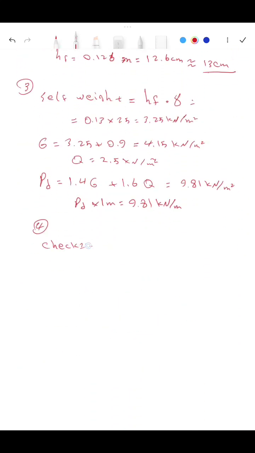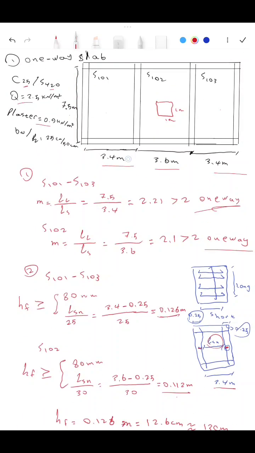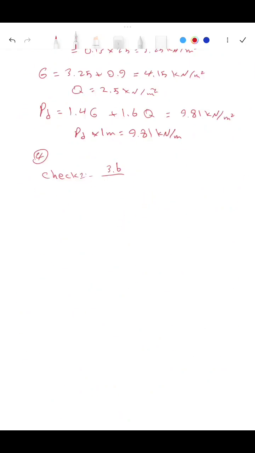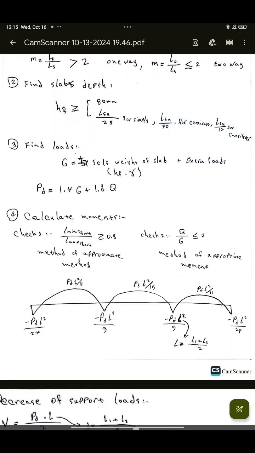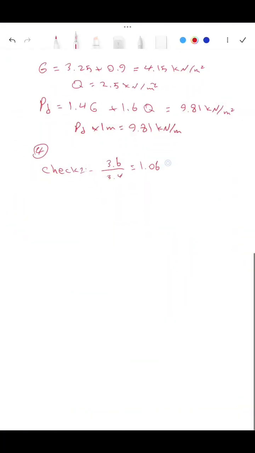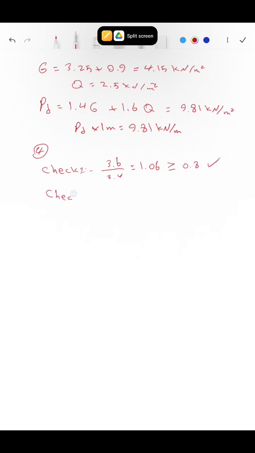This is check one: 3.6 divided by the minimum short length, which is 3.4, because these are the short lengths and these are the long lengths here. 3.6 divided by 3.4 equals 1.06. It should be bigger than or equal to 0.8, so it succeeded.